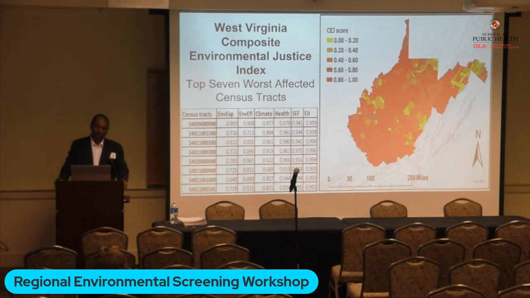West Virginia is similar. As you can see, overall the state becomes red. There are very few tracts with 0 to 20 percentile in the state. The top 7 worst affected are 00900, 01500, and 00200 census tracts.